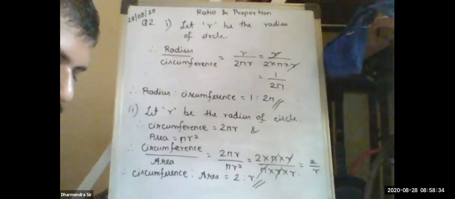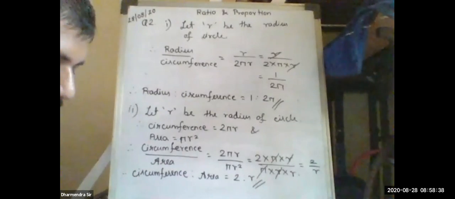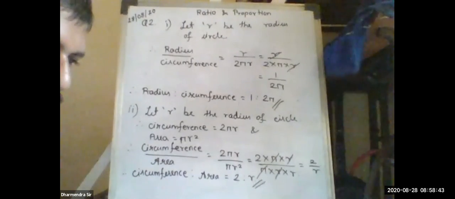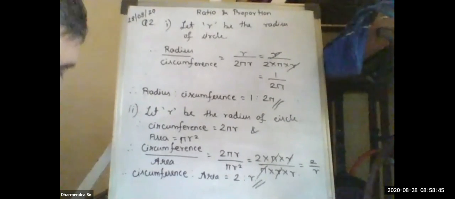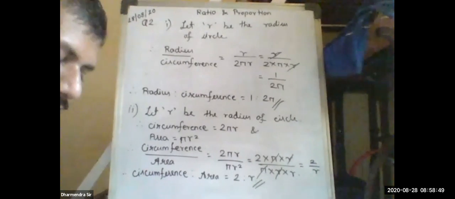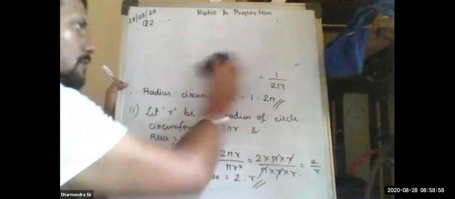The ratio of diagonal of a square to its side, means diagonal upon side they are asking this time. If the length of side is 7 centimeter, now the concept of square is required. What is given? They have given a square.